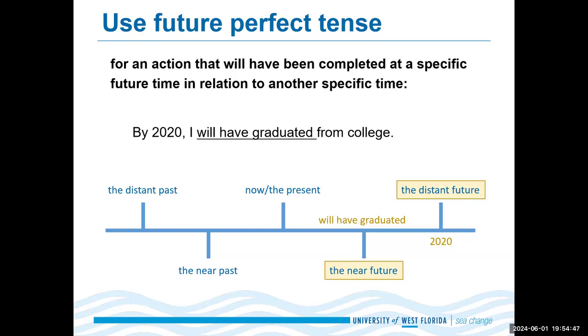Alright? So that means I will have graduated. So since kiniklaim mo na this time that you'll graduate by 2020, you can already use an -ed of that particular verb. I will have graduated from college. It is for an action that will have been completed at a specific future time in relation to another specific time.